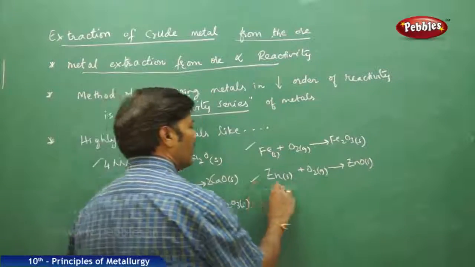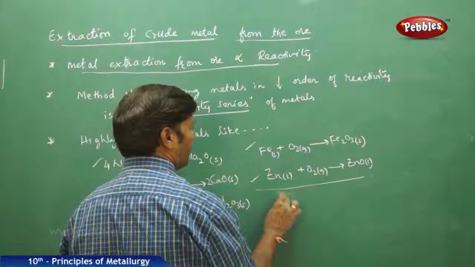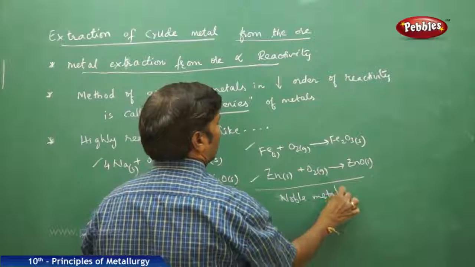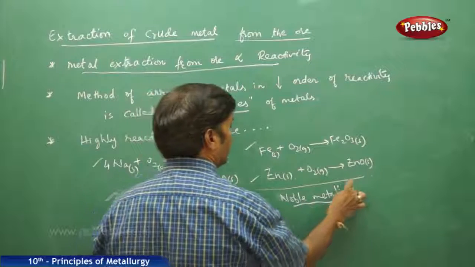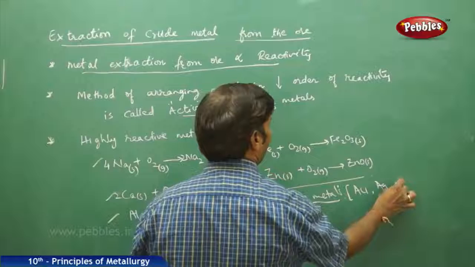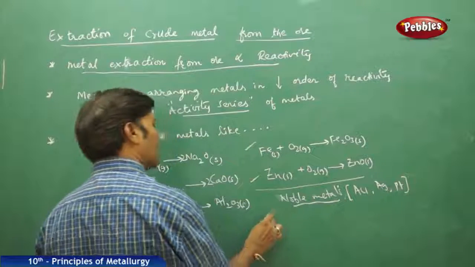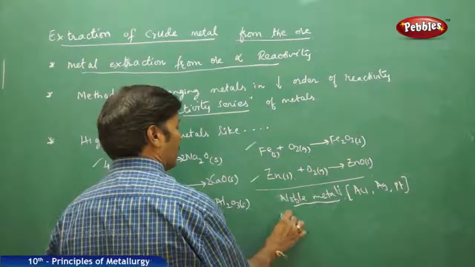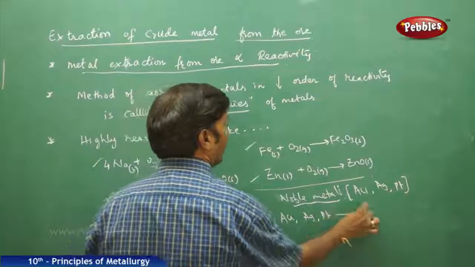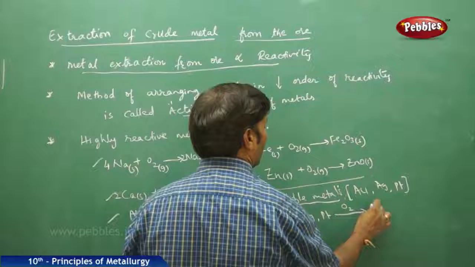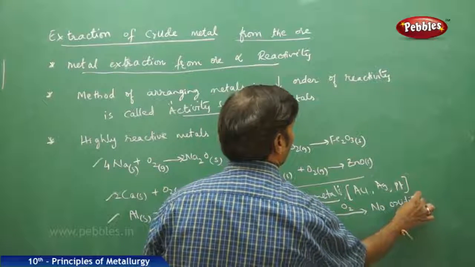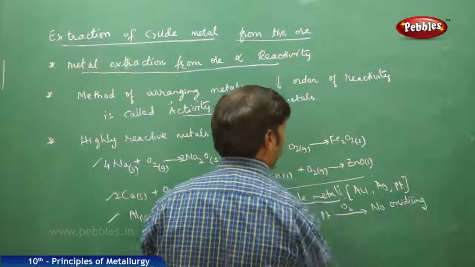But if you go for the inert metals, noble metals like gold, silver and platinum, if you pass oxygen, there is no oxidizing reaction.